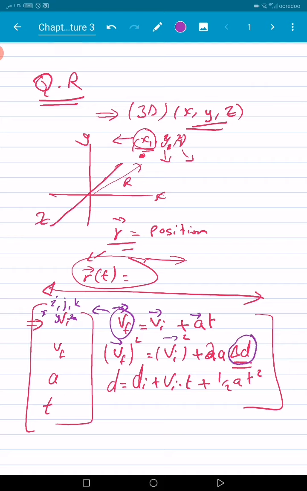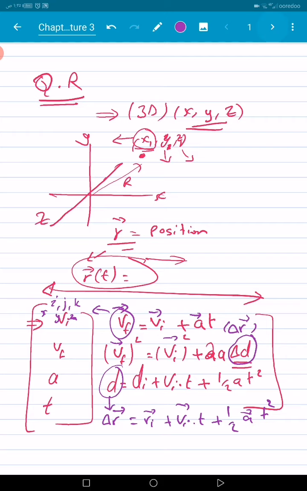Here you replace delta d as a distance in x and in y with delta r as the position vector in space. Here also you replace delta r equal to r initial plus v i t plus half a as a vector t squared. So that is the 3 equations, and we gave one example, and inshallah I hope to upload some problems for you and we will discuss them tomorrow in our lecture.